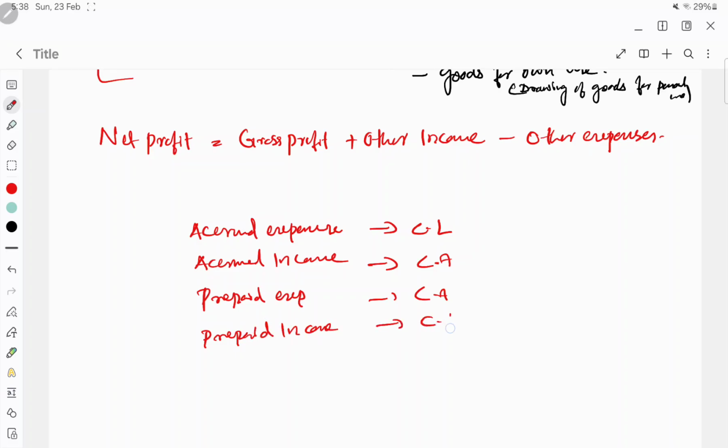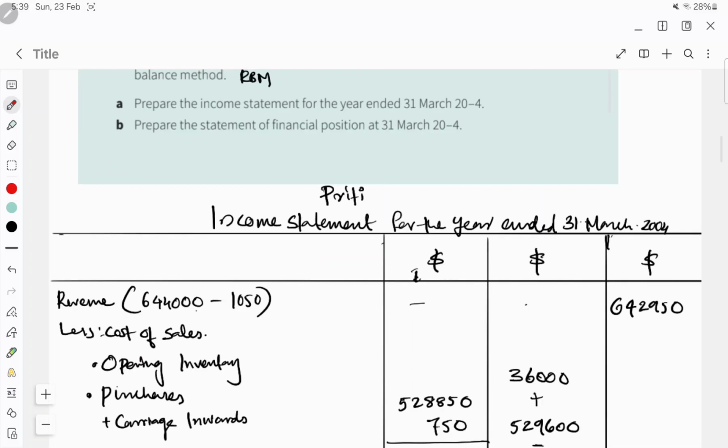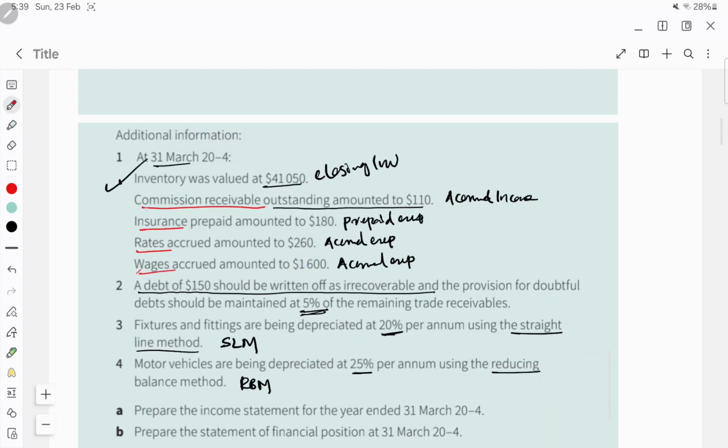is a current liability. Okay, so all the accrued will be added in the income statement. All the prepaid will be deducted in the income statement. Okay, this is income statement. This is SOP. We will take it as current liability, current assets, etc. Okay, so here the accrued income is outstanding, means commission receivable is outstanding, 110, right?